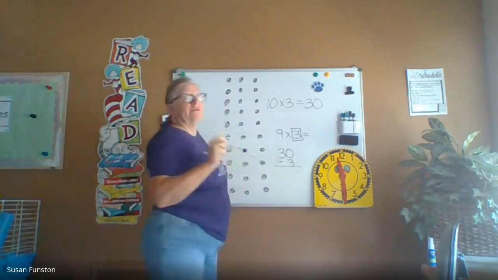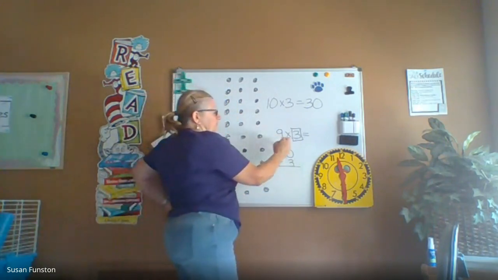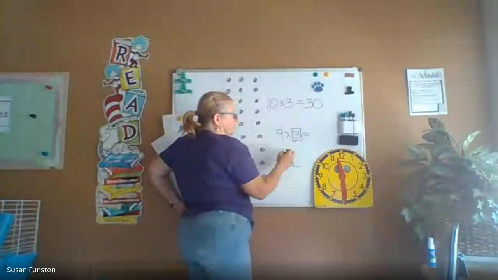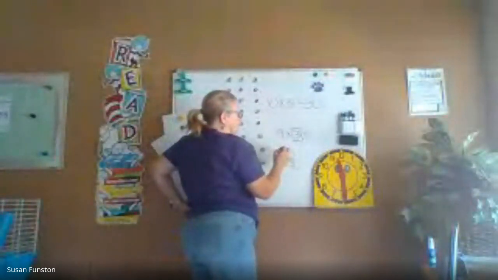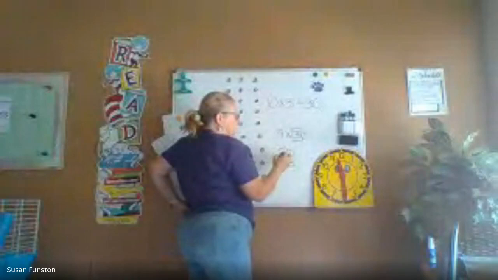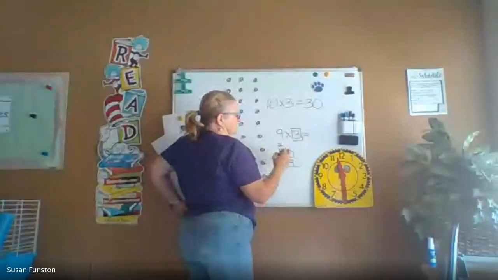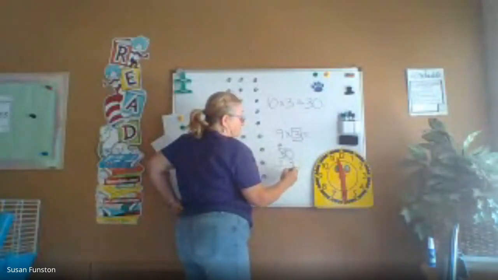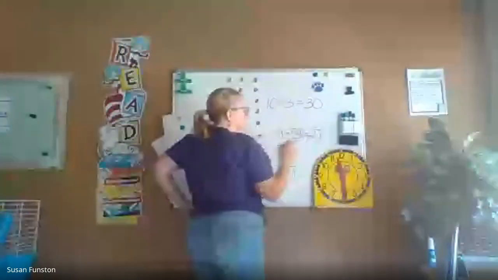Now I have to remember, how do I subtract when I have a 0 up here and I have to regroup? So I'm going to look over here, I'm going to say 0 minus 3. I can't do that. So I'm going to look to my 3, I'm going to say, hey, can I borrow a 10 from you? 3 says yes, then I'll become 2 10s, and you will become 1 10. 10 minus 3 is 7. 2 minus nothing is 2. So 9 times 3 is 27.